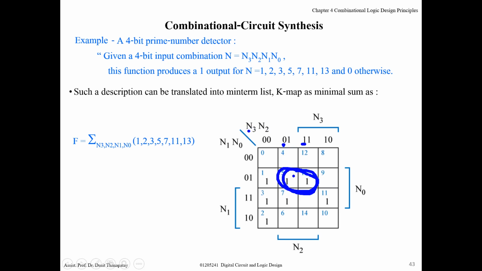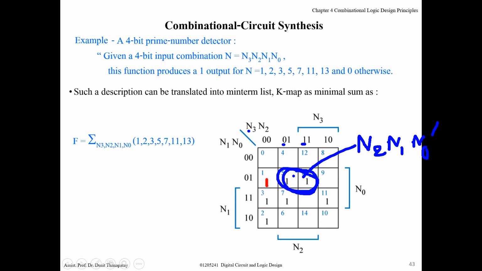Because this cell n3 is 0, this cell n3 is 1. And the product term of these 2 cells has n2 is 1, right? So it's n2. And for the cells, n1, n0 is 0, 1. So it's n1 and n0 prime. But it's still not finished.